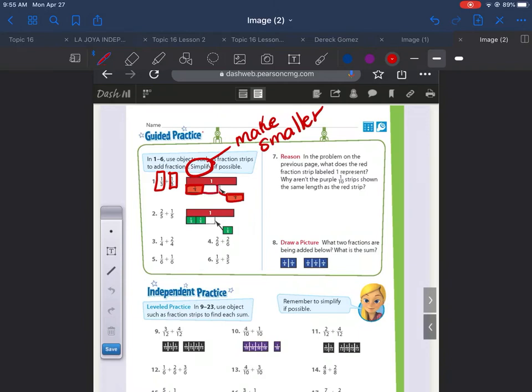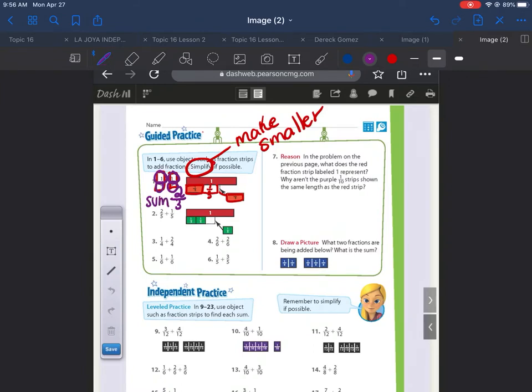They want me to add 1/3, so they want me to bring another 1/3 and add it here. So when we're adding the fractions, we always ask ourselves, are the denominators the same? Yes. So remember that the denominator stays the same. Numerator 1 plus numerator 1 means 2.